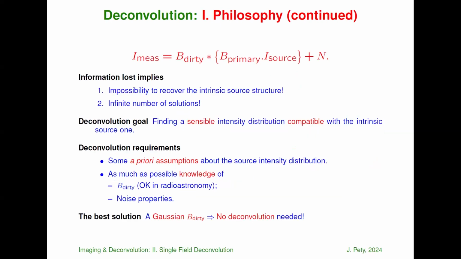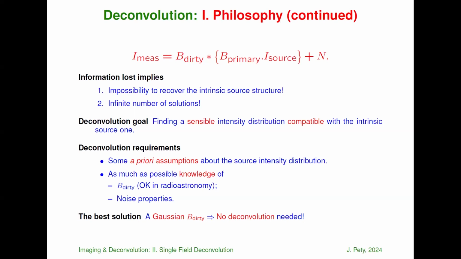The goal of deconvolution is not to find the intrinsic source intensity, but to find a sensible intensity distribution that is compatible with the intrinsic source one. And it's not possible if you are not making some assumptions. In order to deconvolve, you need to make some a priori assumption on your source intensity distribution.